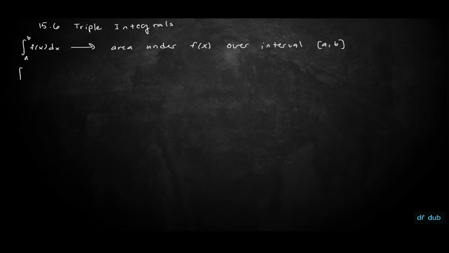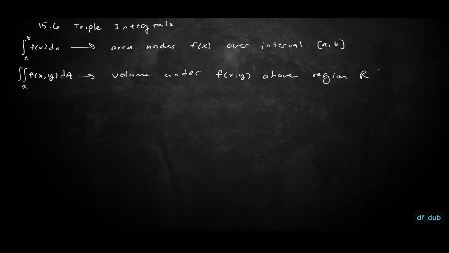And then likewise, the double integral over some region R, f of x, y dA, was the volume under the surface f of x, y above the region R, and the region R, of course, is in the xy plane. Of course, it didn't have to be volume.